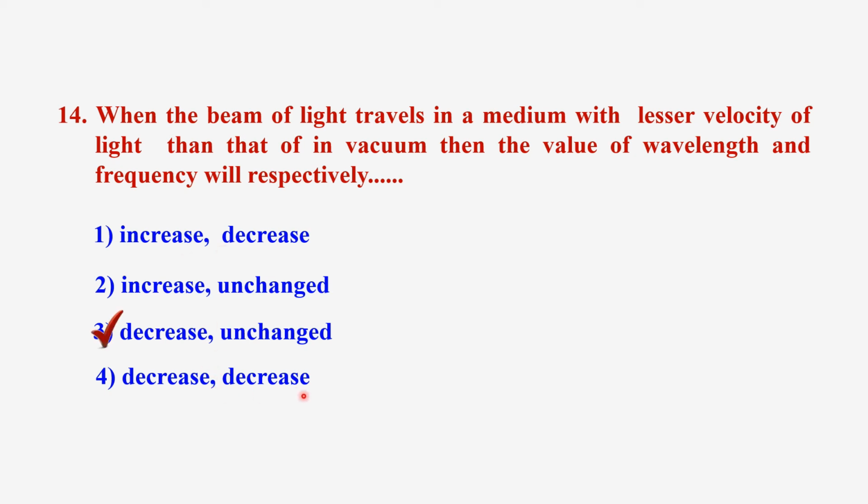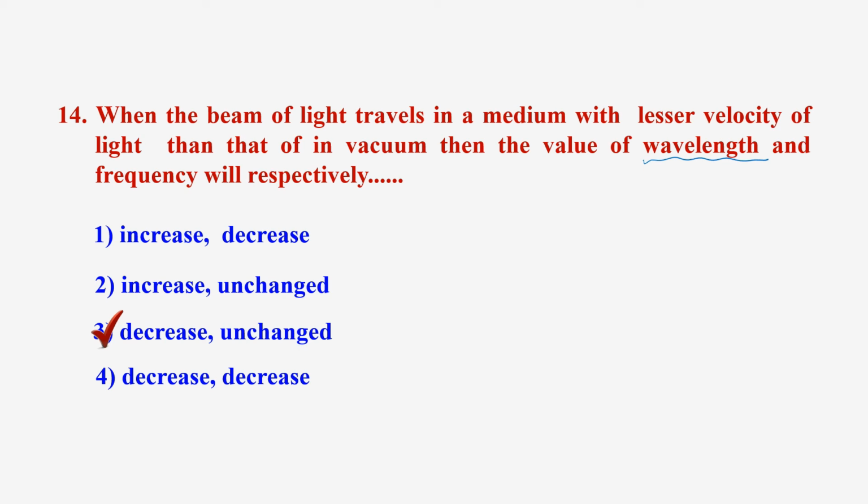The third option is correct because the energy is constant and the velocity is decreasing. So to keep the energy constant, lambda should also decrease. Lambda is nothing but wavelength. So the wavelength should decrease and the frequency remains constant, that is, unchanged.